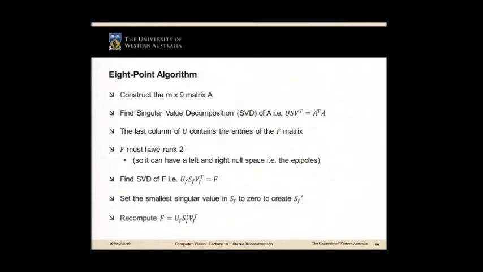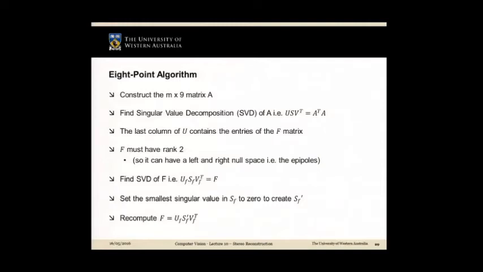So that's the 8 steps. That's why we call it the 8-point algorithm. You construct your matrix A, you take SVD of matrix A, and the last column of your U matrix gives you your F matrix, your fundamental matrix. But the requirement is that the fundamental matrix must have rank 2.